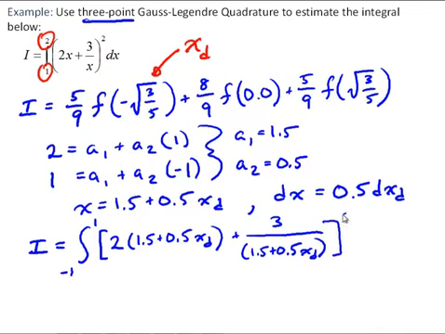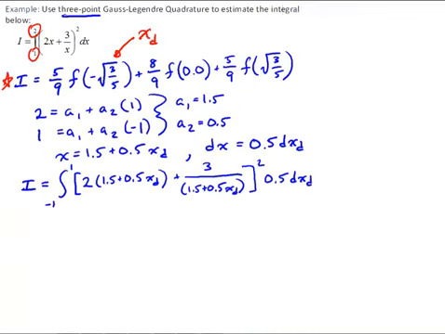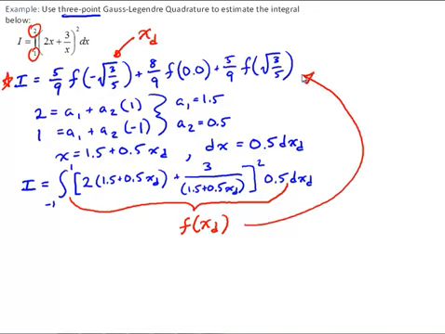This whole thing is squared, and then substituting in for dx, we have 0.5 dxd. Now we're ready to plug things into our function and evaluate our Gauss-Legendre formula. To do that, we need to recognize what is our f, and our f is everything inside our new integrand. That's going to be our f of xd, and we'll plug in those function evaluations as shown up here.